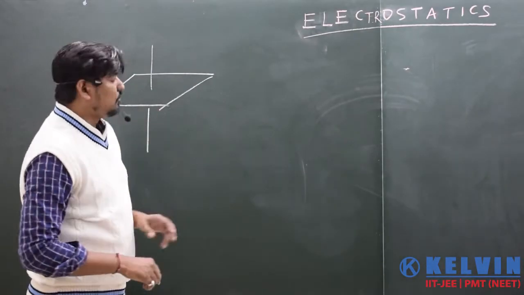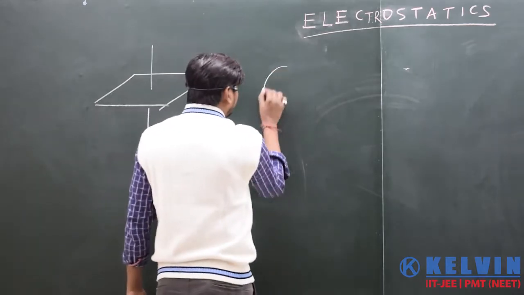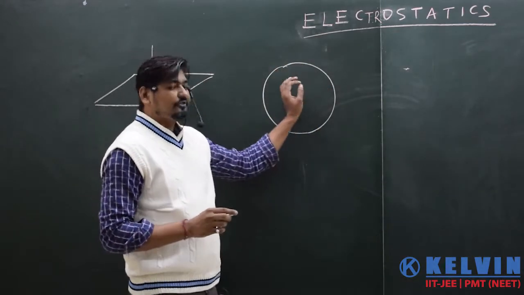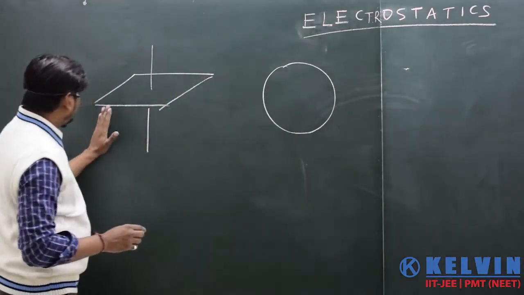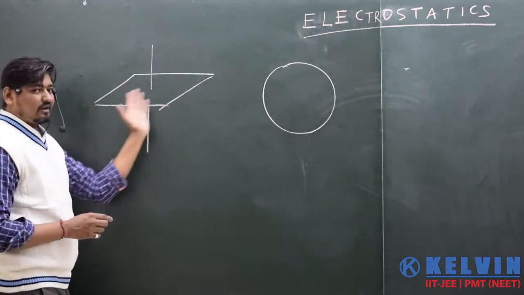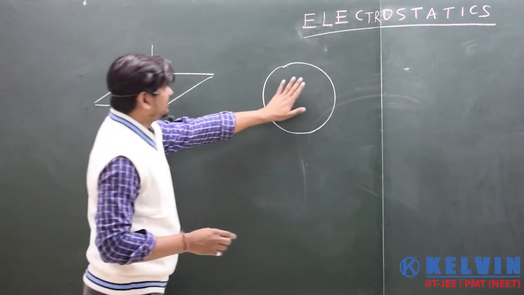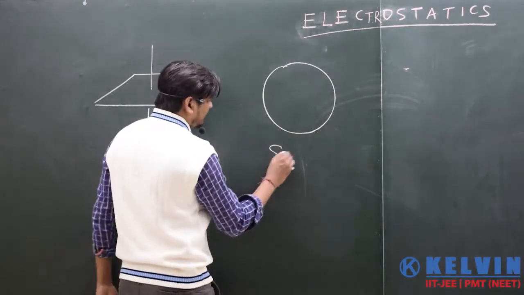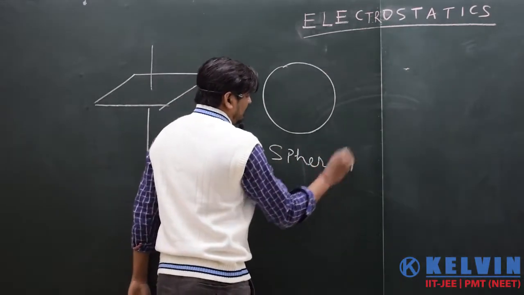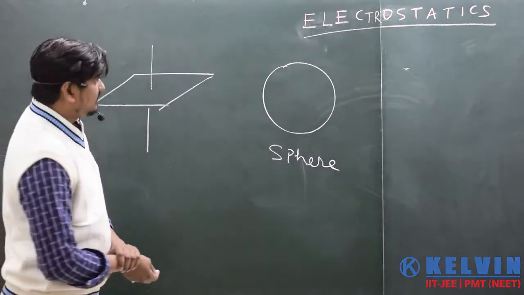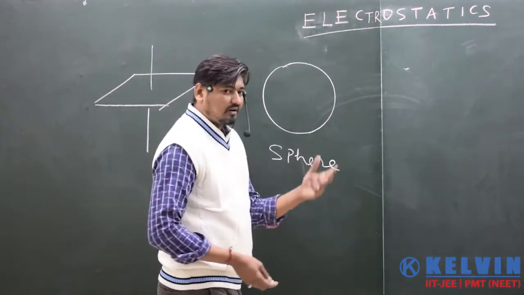And what is a closed surface? Suppose I am taking a sphere, right? Here it is a square planar surface which is an open surface, and this is a sphere. A sphere is regarded as the closed surface. How will you recognize that?